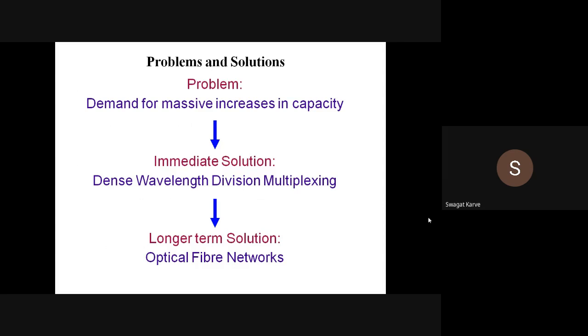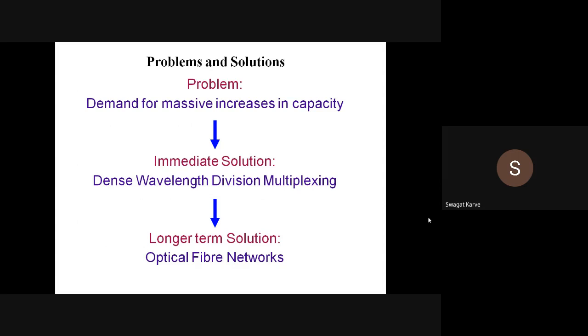So it is one of the factors that you should go for multiplexing. Then what is the immediate solution to this? Dense wavelength division multiplexing, that is the subtype of wavelength division multiplexing. And what is the long-term solution for this? So it is basically useful in case of optical communication.